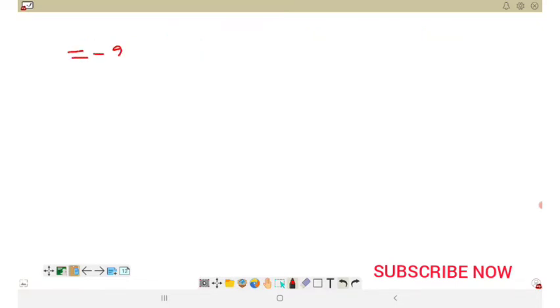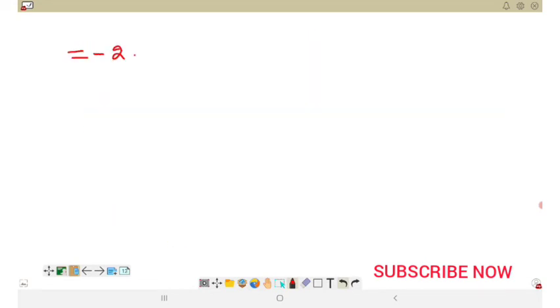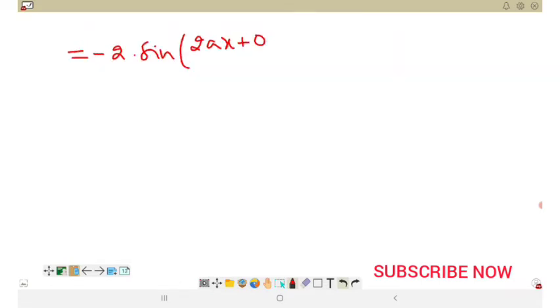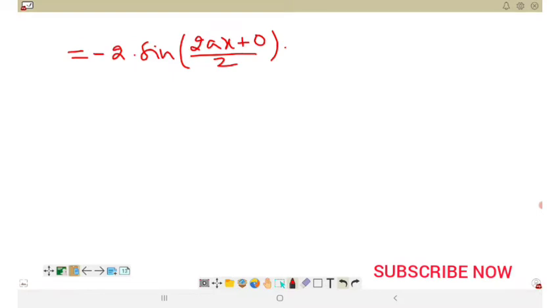So minus 2 into, now substitute here h equals 0, sin of 2ax plus a into 0 by 2, into the sin ax by x formula. The formula is limit x tends to 0, sin ax by x equals a. So here limit h tends to 0, sin a by 2 into h by h is equal to a by 2.